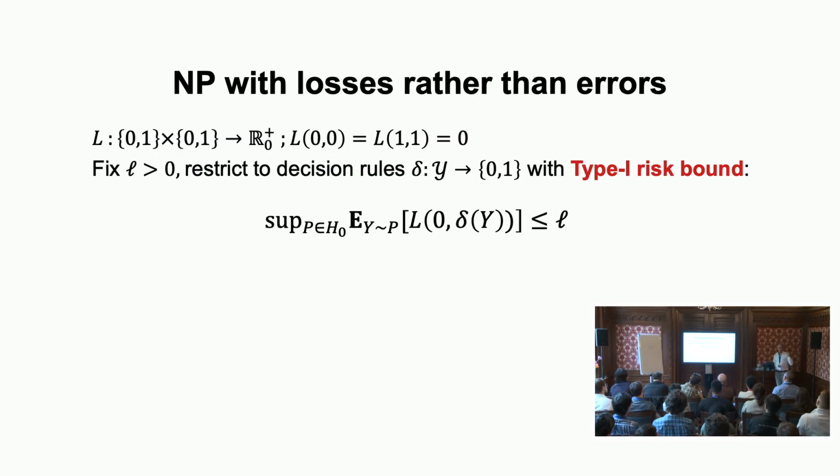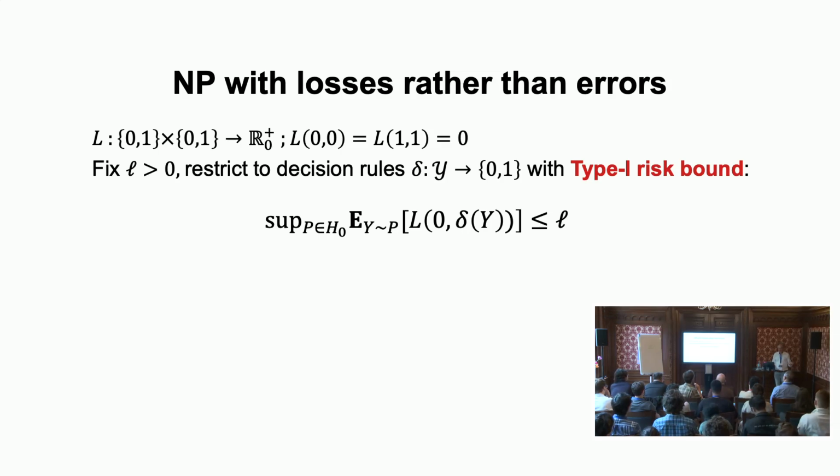So now you fix some bound, usually take it to be 1, but you can scale everything to any different bound. And you say, among all decision procedures for accepting or rejecting that I want to work with, I just want to make sure that my expected loss is always bounded by small l, let's say 1.